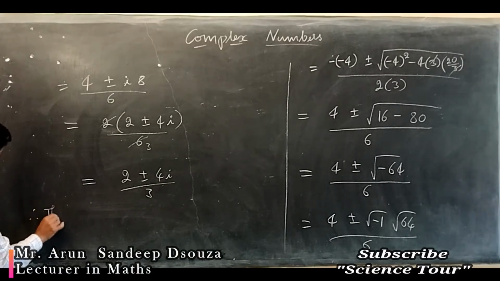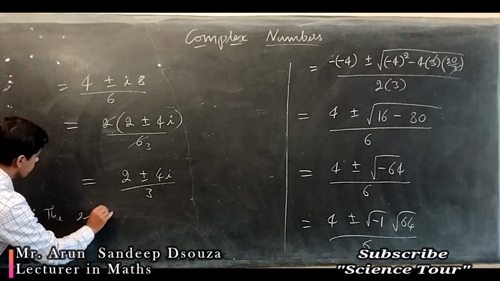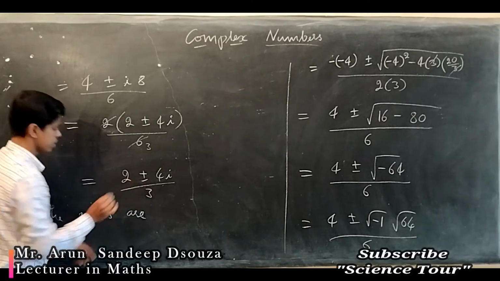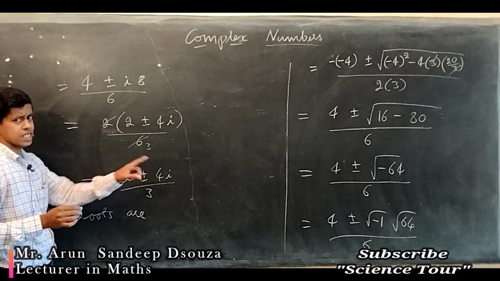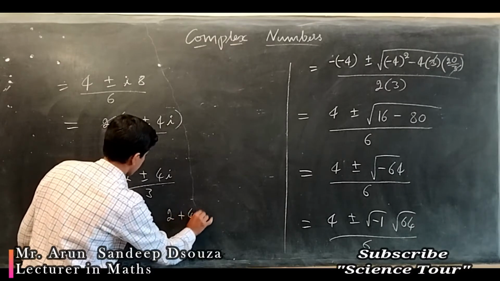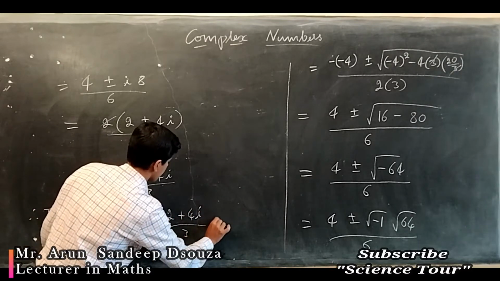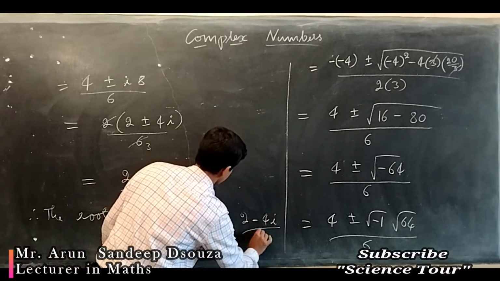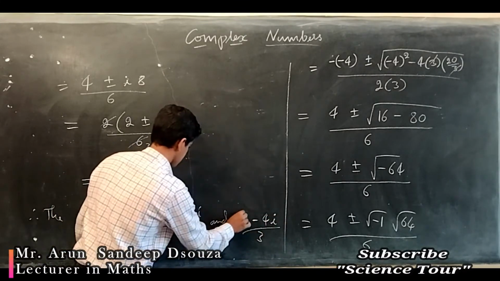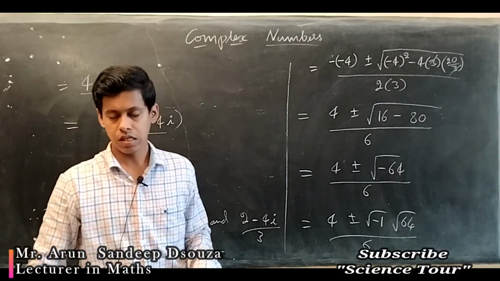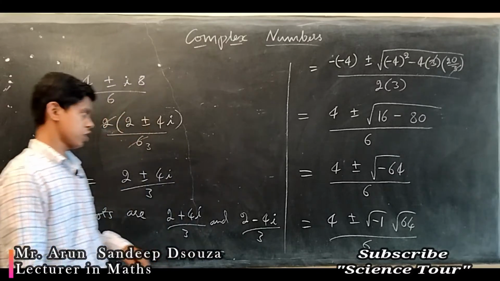Therefore the roots are: first you write with plus, next you write with minus. So this is 2 plus 4i divided by 3 and 2 minus 4i divided by 3, and that's your answer for this particular question of solving the quadratic equation.